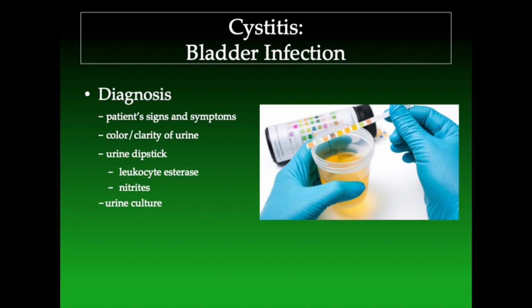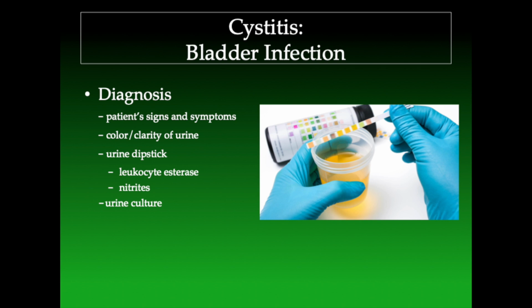So, a urine sample from a healthy individual should not contain any white blood cells. The presence of nitrite in the urine also points to the presence of bacteria because bacteria form nitrite from the nitrate that is normally present in urine. Conversely, if there's no bacteria, the urine will be negative for nitrites.